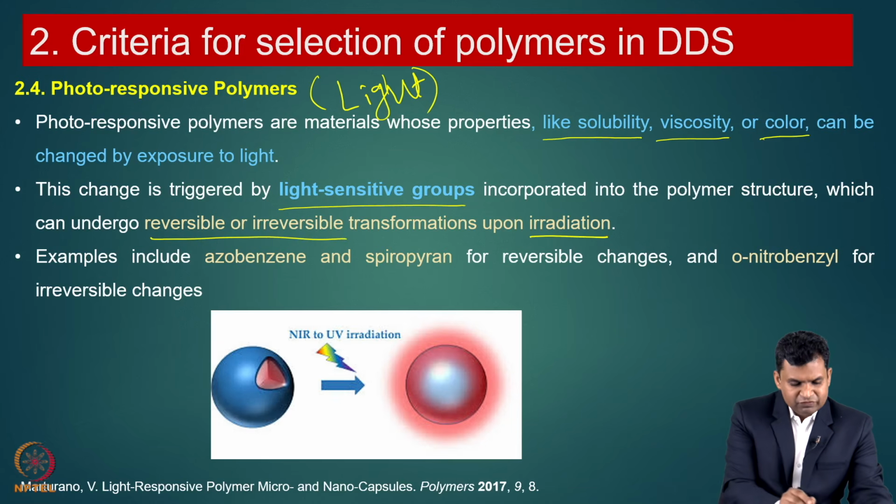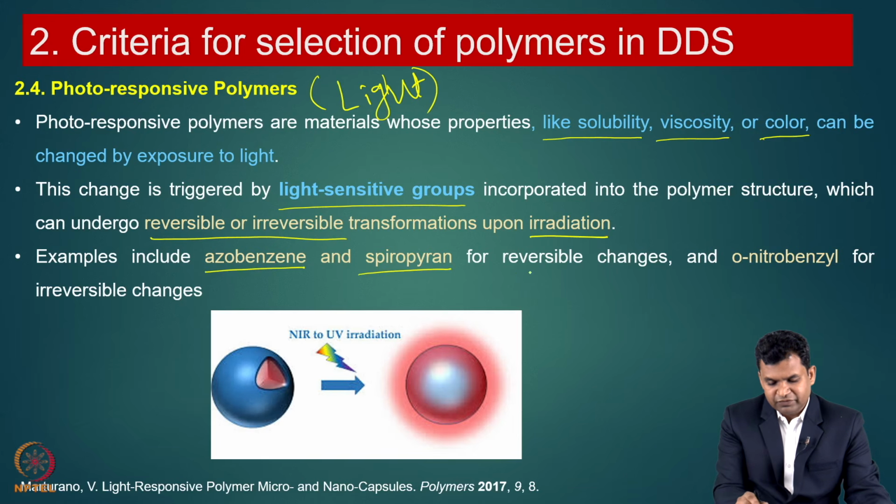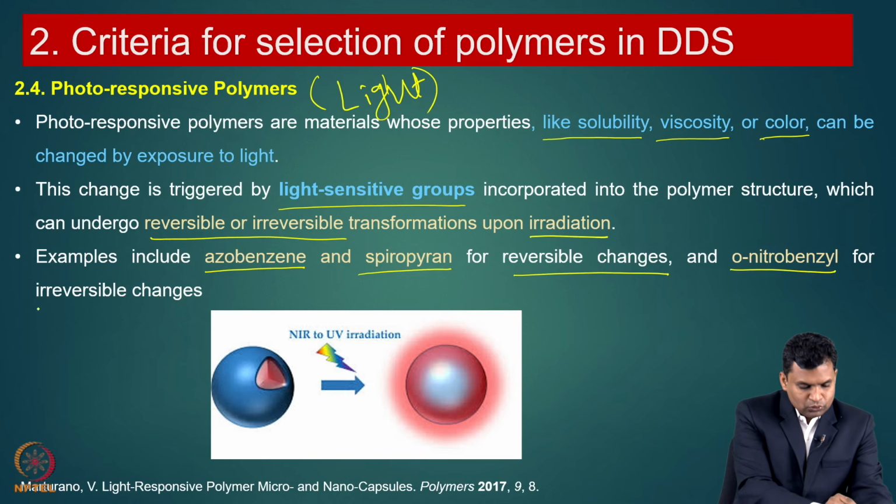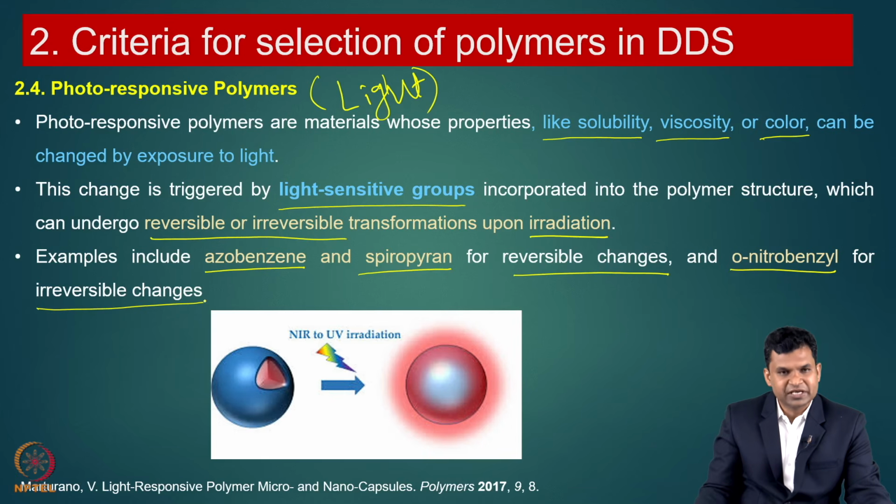So, these are a few examples: azobenzene, spiropyran, which are reversibly involved in the transformation upon irradiation, and O-nitrobenzyl, which will show irreversible change with the polymers.